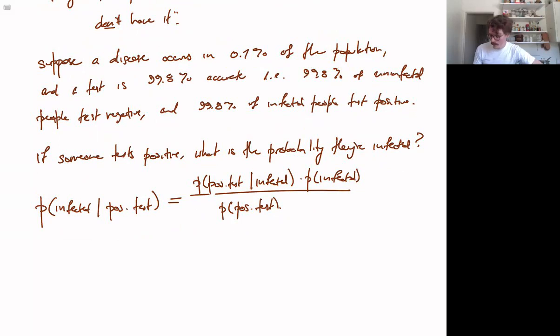So, to introduce some more terminology, the probability that someone is infected is called our prior, which, intuitively speaking, represents our belief in something before we see any extra data.